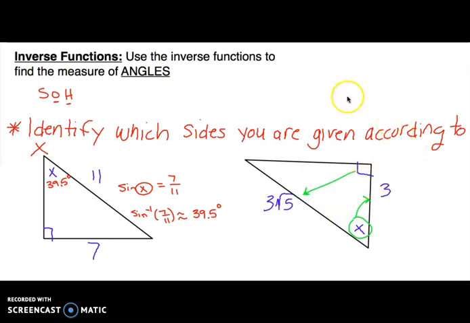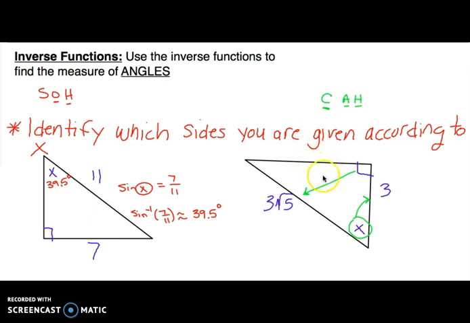So I've got adjacent and hypotenuse. And then I know that the one that deals with adjacent and hypotenuse would be CAH, and the C stands for cosine. So cosine deals with adjacent and hypotenuse.